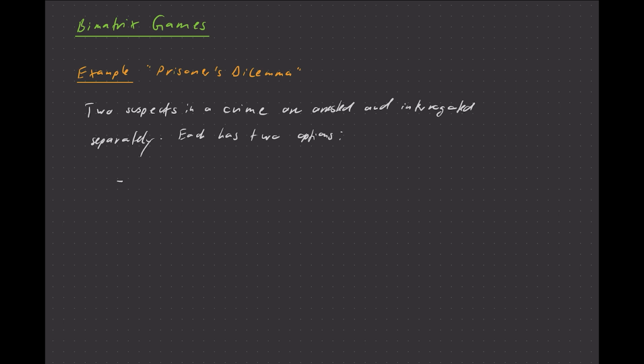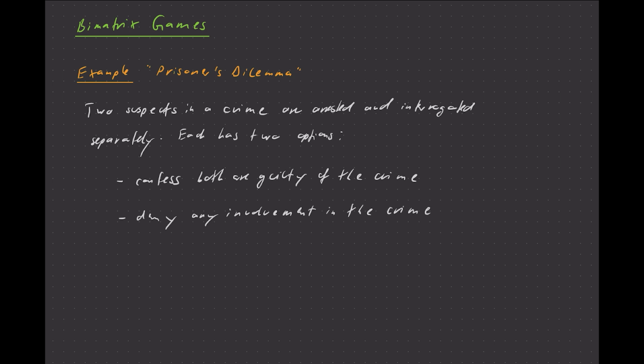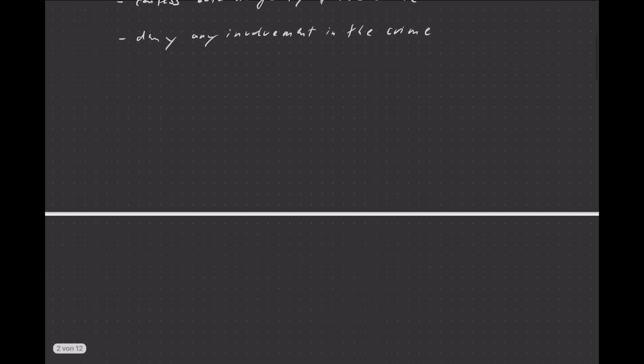The first one is you can confess that both did the crime. Or you can deny any involvement. Now, the outcome of that game depends on the action of both criminals involved.